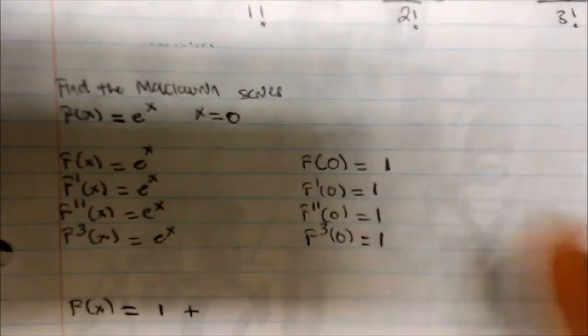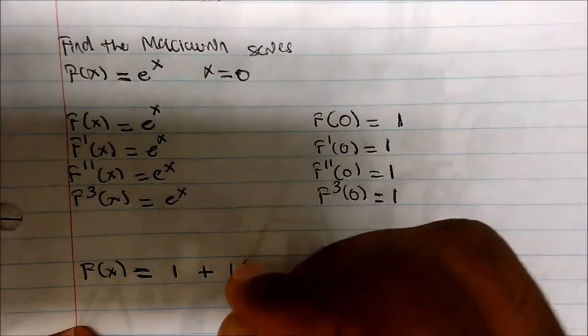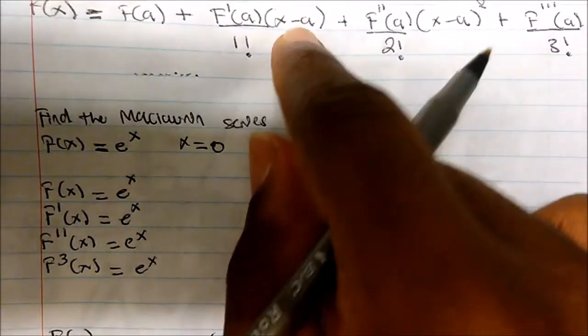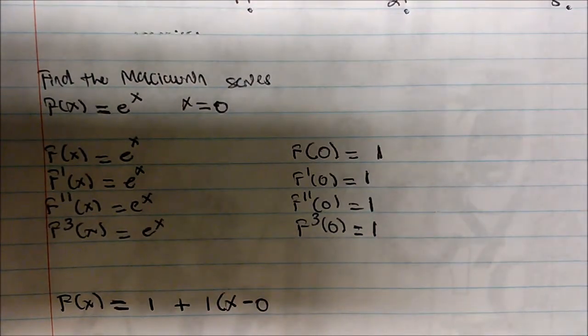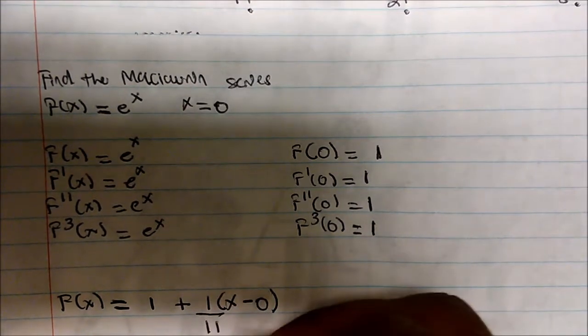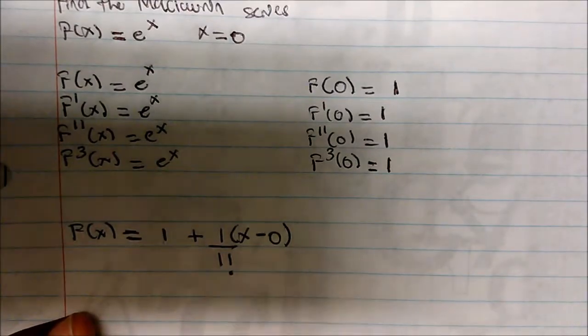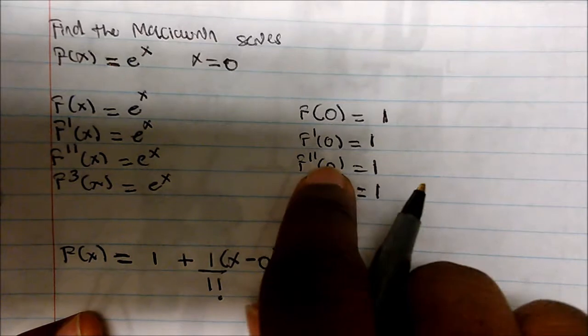That's also 1, times x minus a. What is our a? Our a is 0. So x minus 0, which is x, and we divide this by 1 factorial, which is also 1. And we add it to f double prime of a, which is 1.